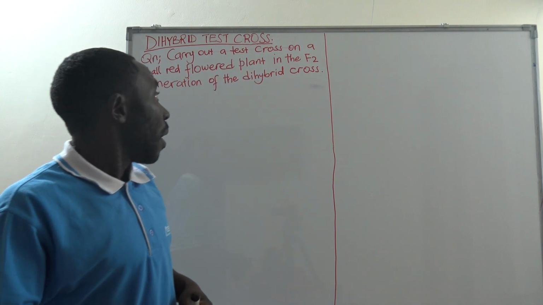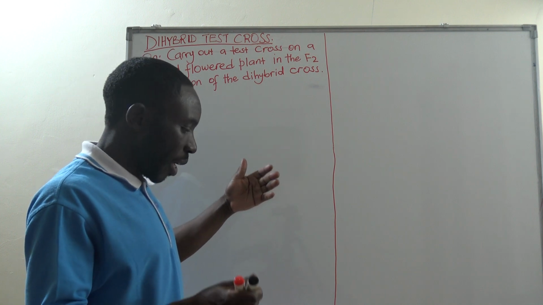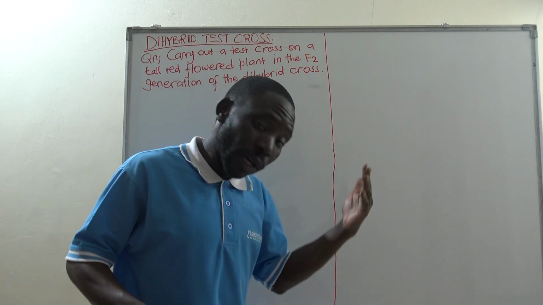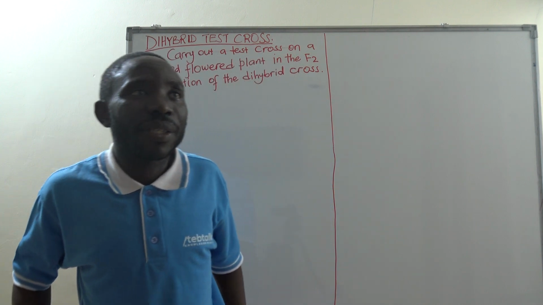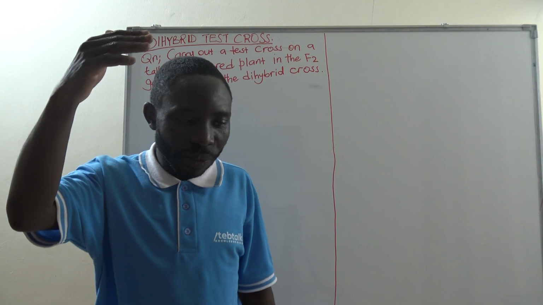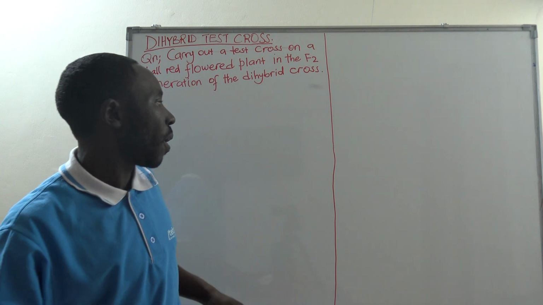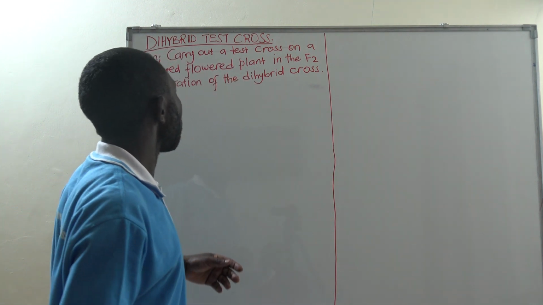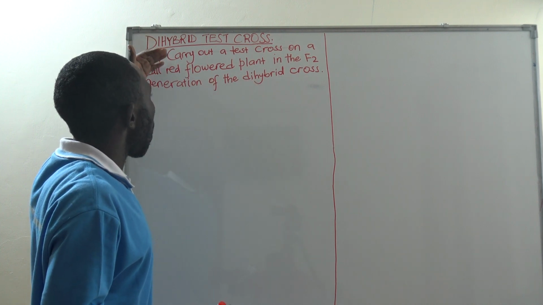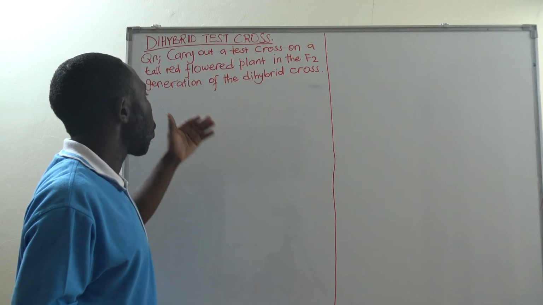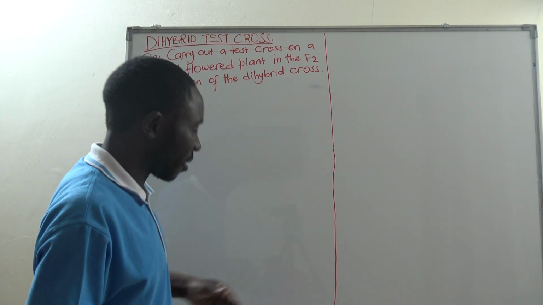Now, I said a test cross is a cross of an organism or an individual bearing a dominant character with one that is homozygous recessive for a particular characteristic. So here we shall cross a tall red flowered plant with a plant which is homozygous recessive.